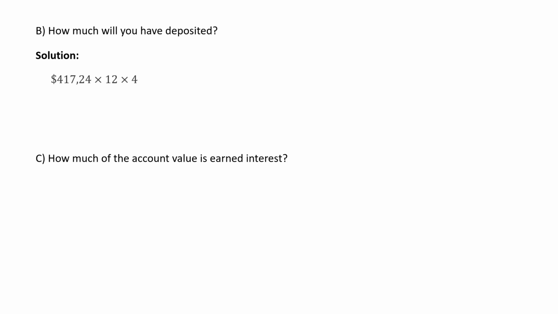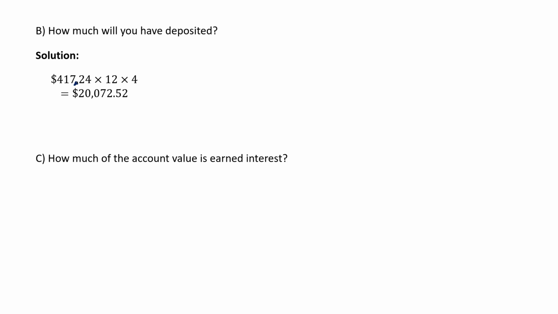Well, you will have deposited $417.24 every month, that's 12, for 4 years. And that product is $20,072.52. But you're going to have $24,000.